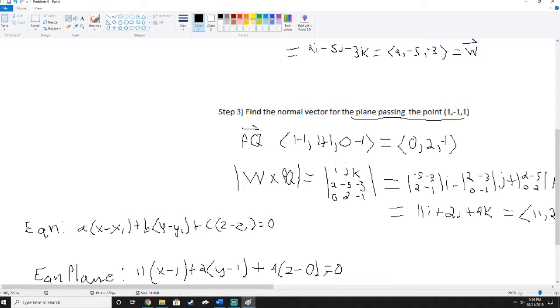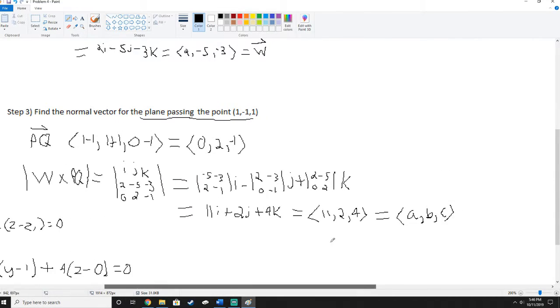And we'll have our individual smaller matrices here for i, j, and k. So negative 5 times negative 1 is 5, minus 2 times negative 3, which is negative 6, but because we're subtracting that, it'll come out to 11, so 11i.